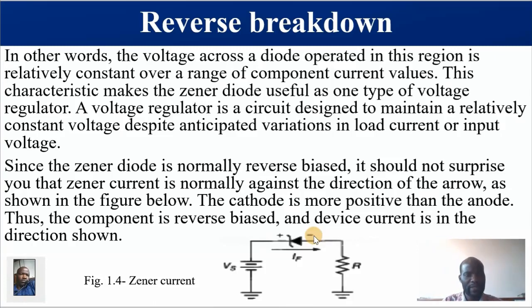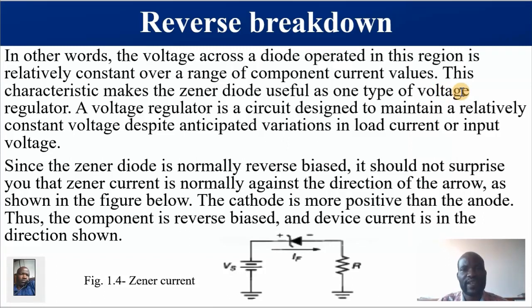It especially happens when it is across a capacitor, depending on the circuit connection. So this is a reverse biased diode, and VR remains almost constant over a range of current values. This is the characteristic that is wanted for a voltage regulator.